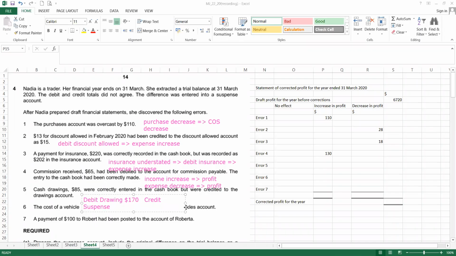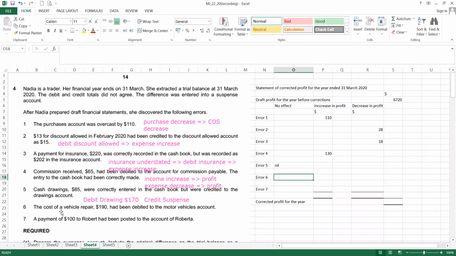So this account did not involve the income statement account because drawing is a capital section. So in this case, for error 5, there is no impact, we have to write nil. Okay, follow the instruction.